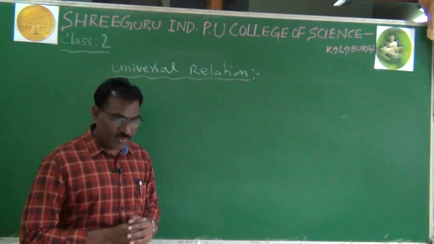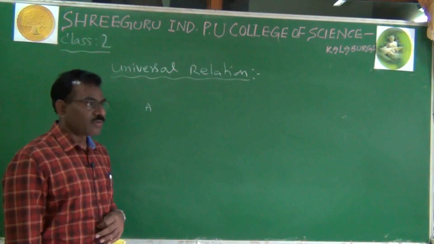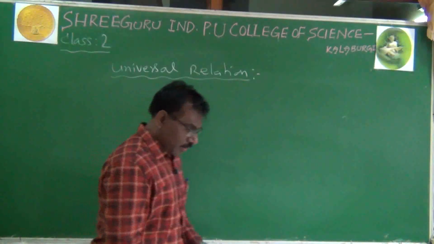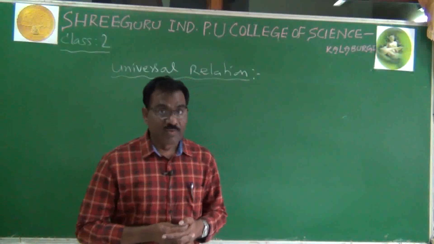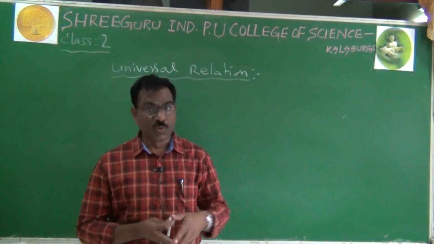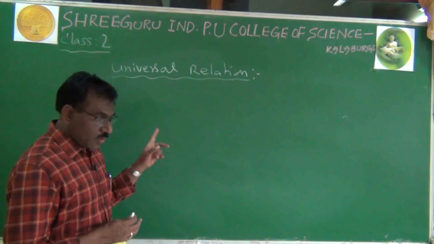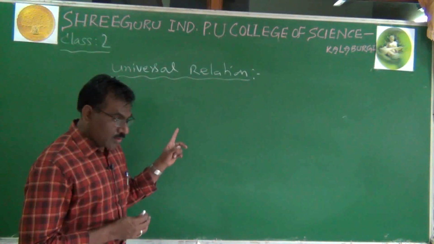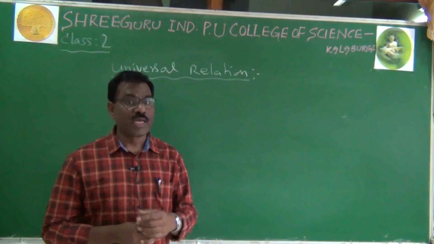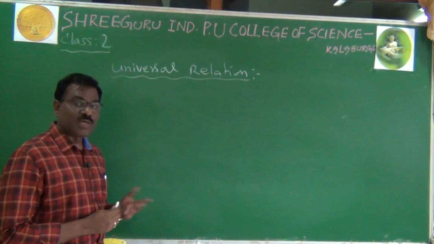So if you want one example of universal relation, the previous example I explained, that boys' school, I'm continuing with that example here. The difference between the heights of A and B is less than 3 meters.